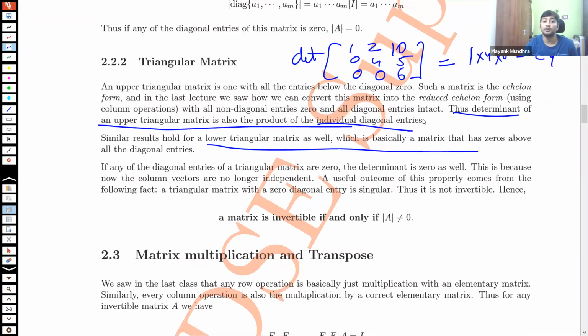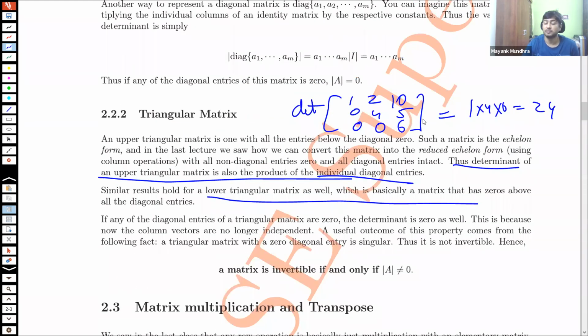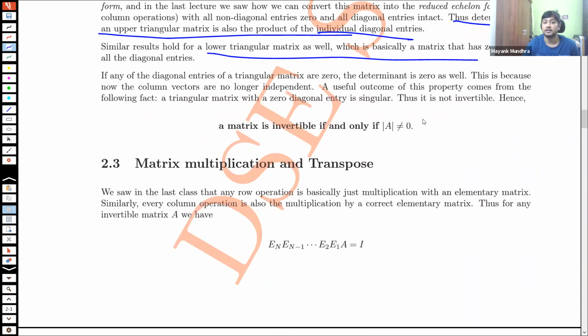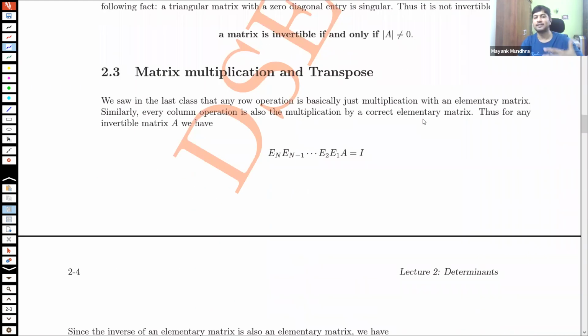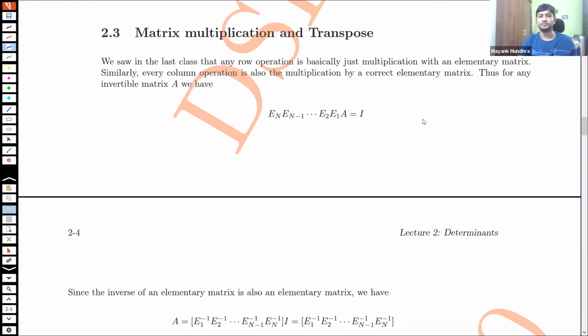That's the beauty of a triangular matrix, that it is just the multiplication of the diagonal entries. So sometimes you might want to do some row operations, convert into an echelon form, and then find the determinant.